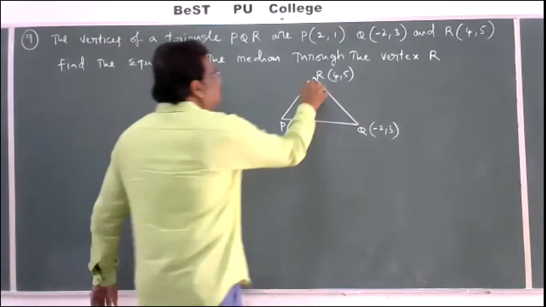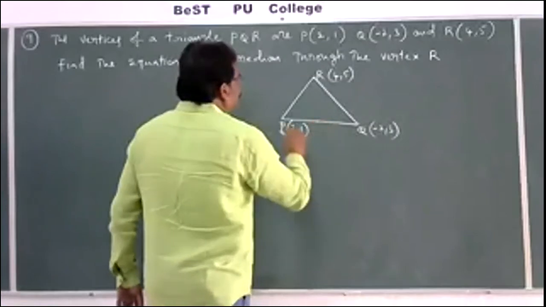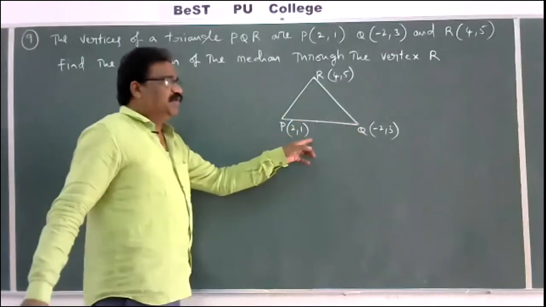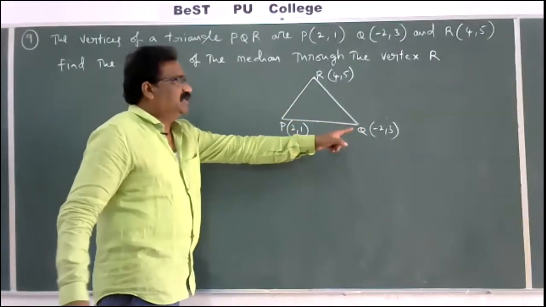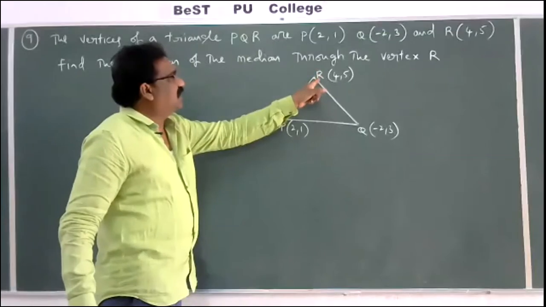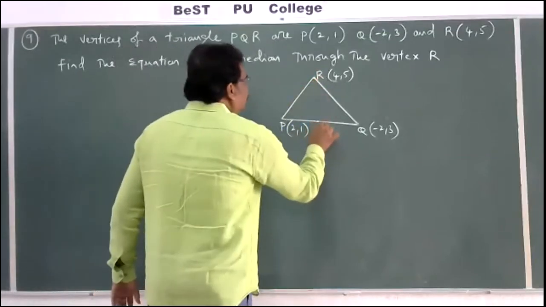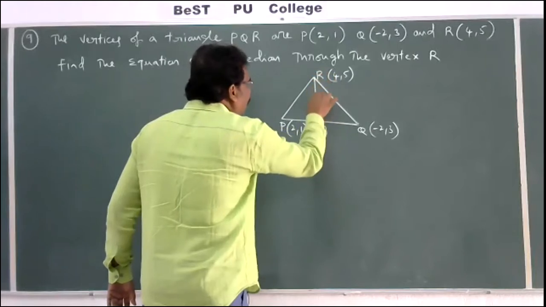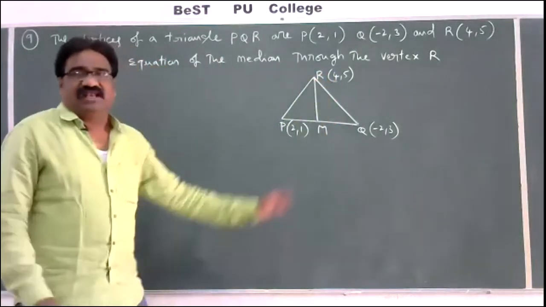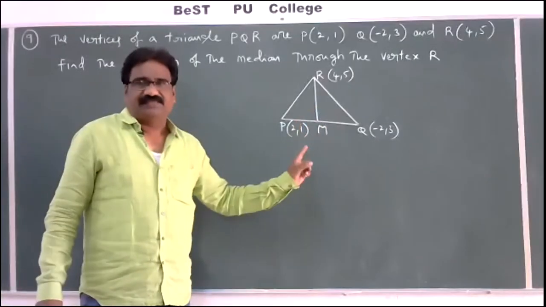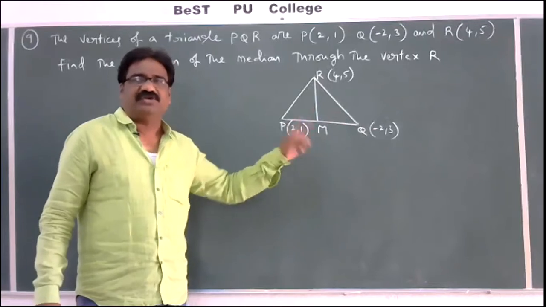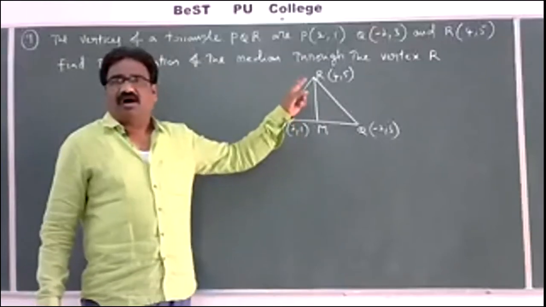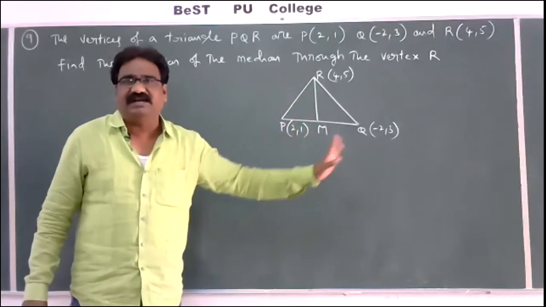PQ is the opposite side, R is the opposite vertex. So M is the midpoint of PQ. The line joining R to M, where M is the midpoint of PQ, is the median from vertex R to the opposite side PQ.